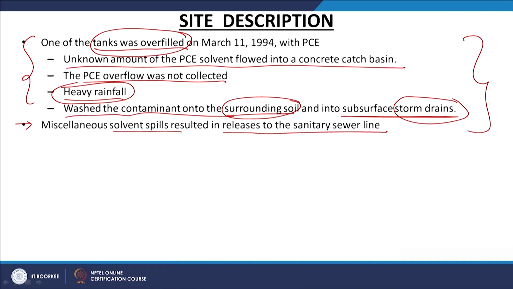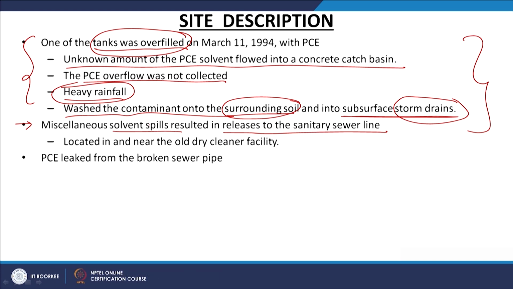So one aspect we looked at was the spill, and the other aspect was miscellaneous or minor spills during operation. Obviously it is located in and near the old dry cleaner facility, as in they learned the lessons, then demolished this old dry cleaning facility and constructed a new facility later.